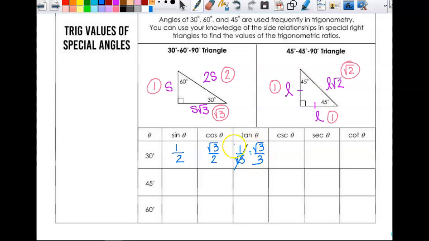So that's really what the value is, right? What is the cosecant the reciprocal of? Cosecant goes with sine, so this is just 2. Secant goes with cosine. Remember, there's only one co in each pair. So this becomes 2 over the square root of 3, which is actually 2 square roots of 3 over 3.